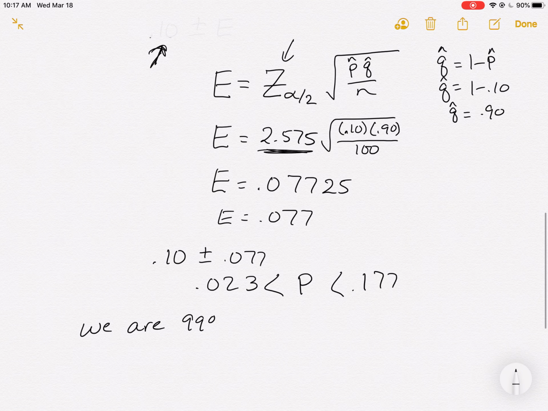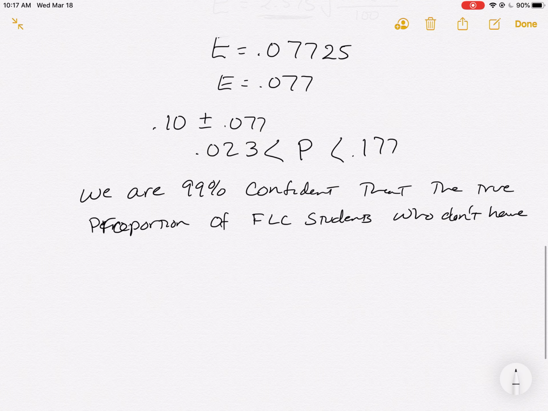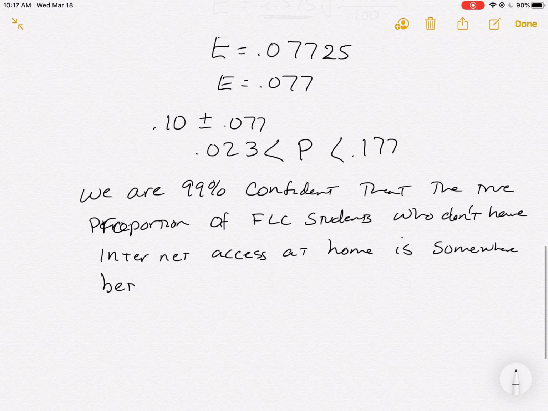We are 99% confident that the true percentage, or let me put proportion, of FLC students who don't have internet access at home is somewhere between, and then you're just going to copy those numbers, 0.023 and 0.177.